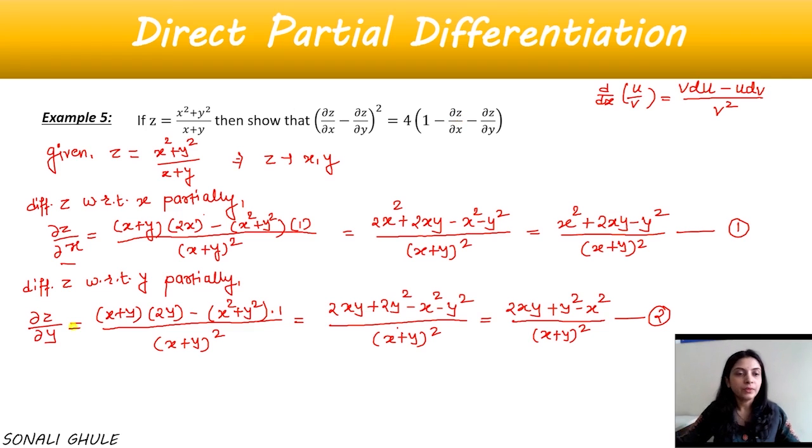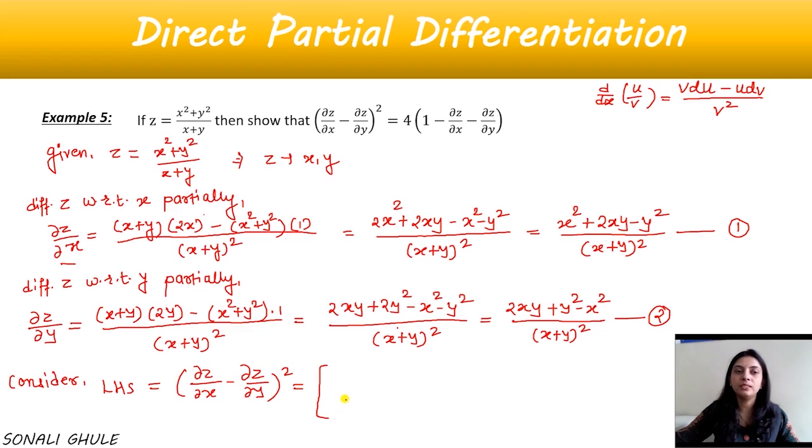So first of all consider your left hand side. What is it? It is dou z upon dou x minus dou z upon dou y whole square. That is equal to putting the values of dou z upon dou x and dou z upon dou y from equation 1 and 2.